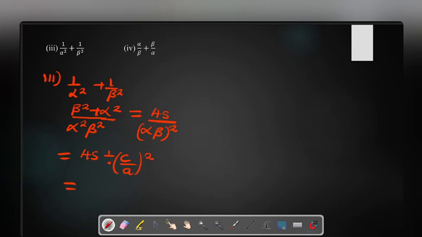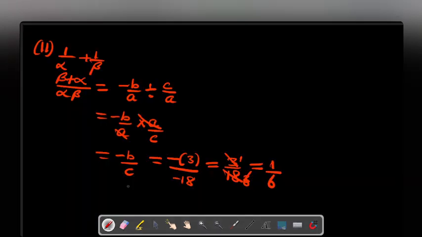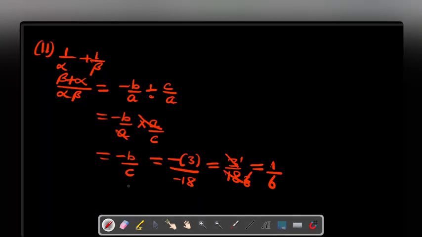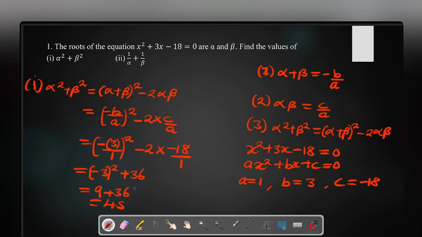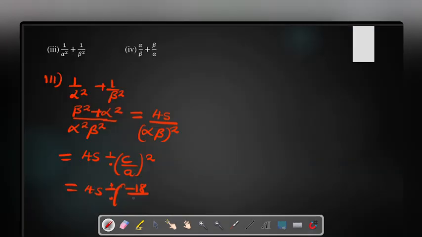So now this will give us 45, then we'll divide by open, then what is our c? If you can check here, it is negative 18. So we have negative 18 over, then what is our a? A is a 1 there. Okay, then you square that. That's what we do. Then now this will give us 45 divided by open brackets, then we have negative 18 over 1.